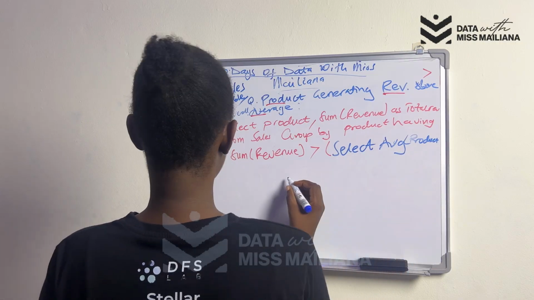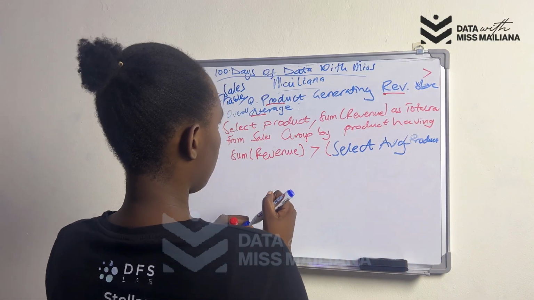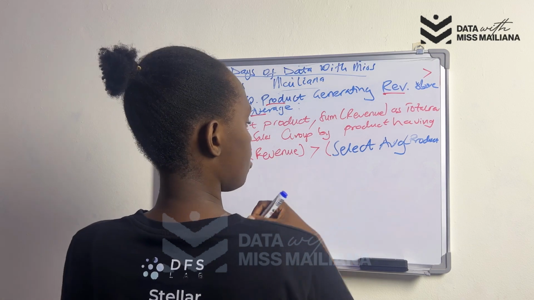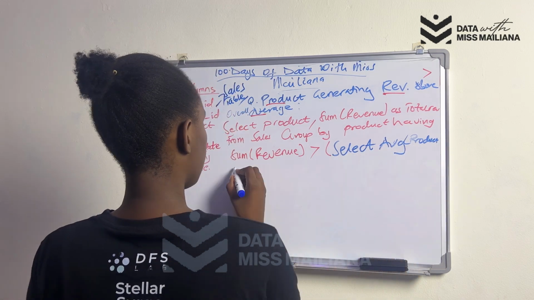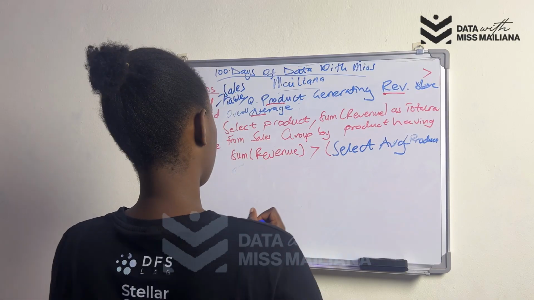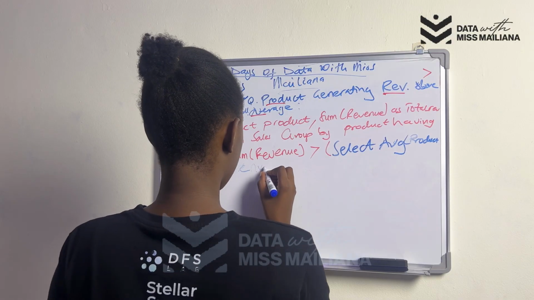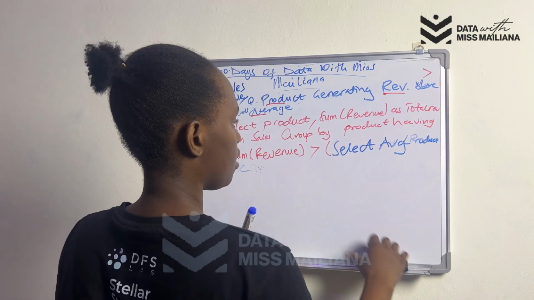Yeah, product revenue. So product revenue, okay. The average revenue. Product revenue. The pen is giving up on me.